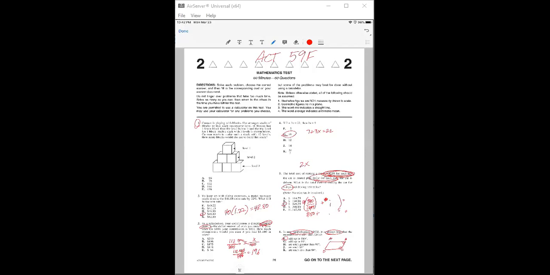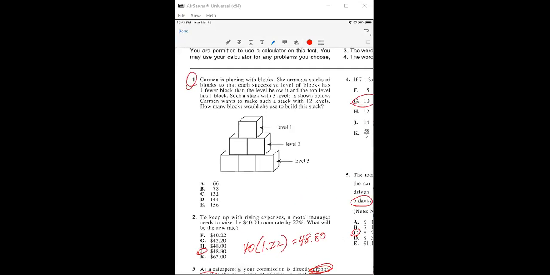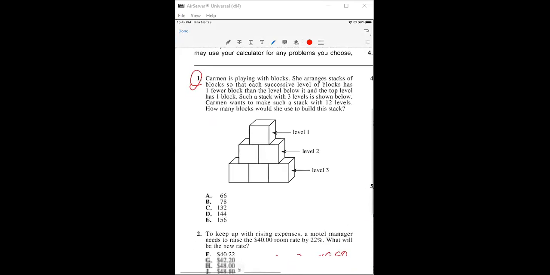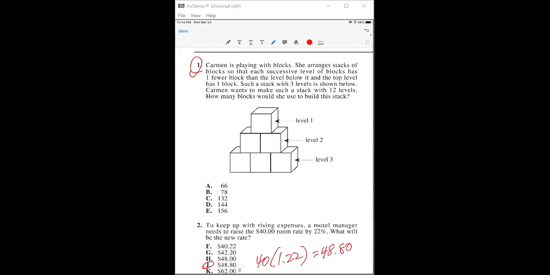So, all right, let me zoom in right now and make this a little larger for you to see. Now, this was taken from the practice test 59F. And this first question, I thought, for a first question, was difficult.